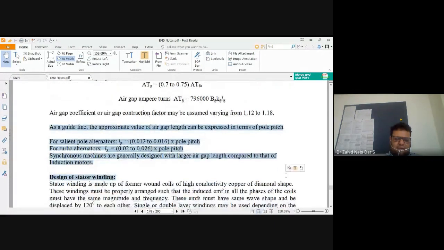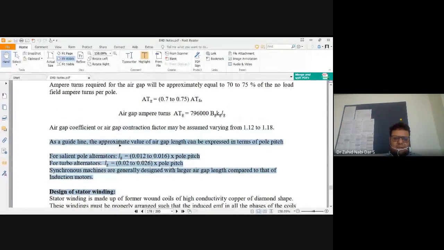What have they created for the best design possible for salient pole alternators? It's seen that your length of the air gap is around 0.012 to 0.016 into pole pitch. Pole pitch would be pi D by P, your circumference divided by poles.